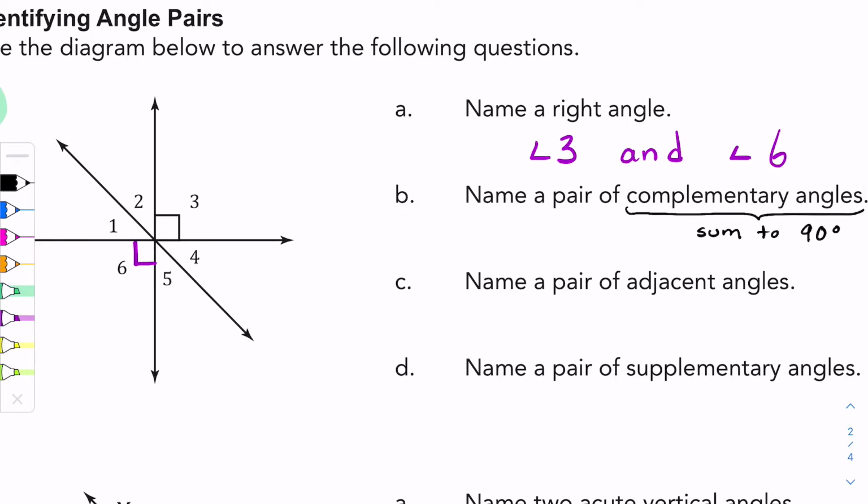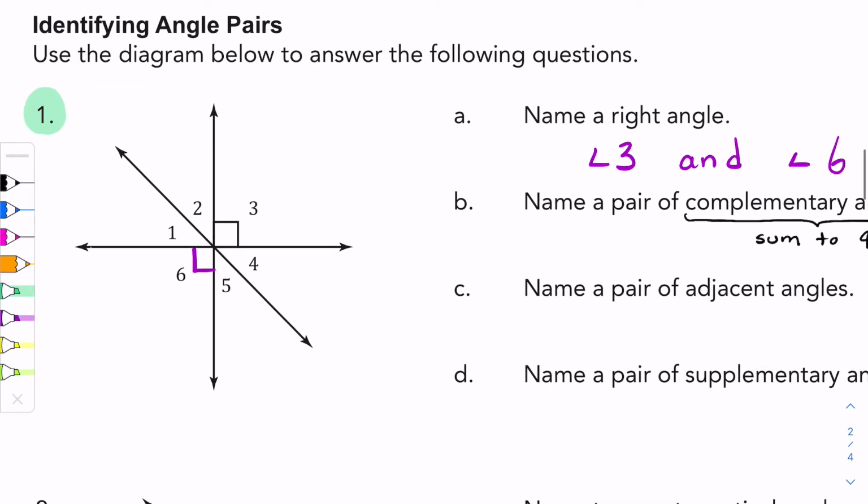Angle 1 and angle 2 have to add up to 90 degrees, because if this is a straight angle, and we know that this here is 90 degrees, then we know this part here also has to be 90 degrees. So angle 1 and angle 2 is a pair of complementary angles. You could also say that 4 and 5 are complementary.